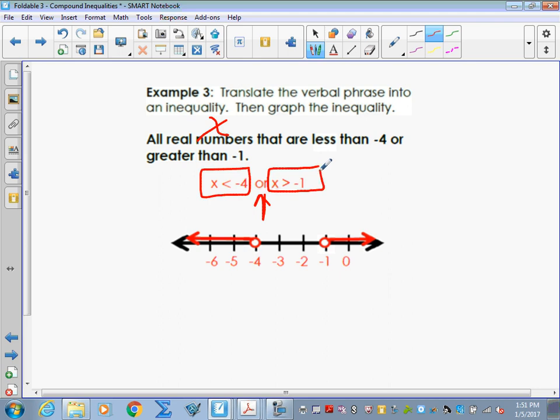And you can't change an or. Or is or. Now, 90% of the time, it's not 100, but most of the time, they will be going in opposite directions, because one's pointing to the left, one pointing to the right, and they can do that for an or statement. Okay, so to write this in set builder, this is what you would do.